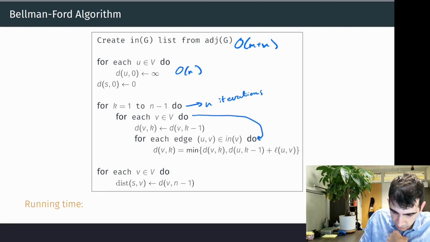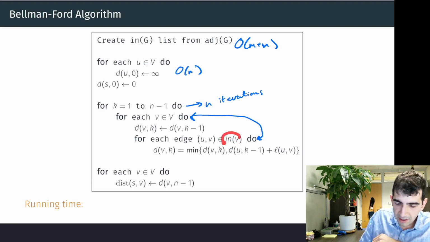So how many iterations do these two loops result in? Well, for every vertex, we look at the input edges to that vertex. So we're not looking at all the edges every single time, only the input edges for each vertex. Together, these are all the edges in the graph, O of m.